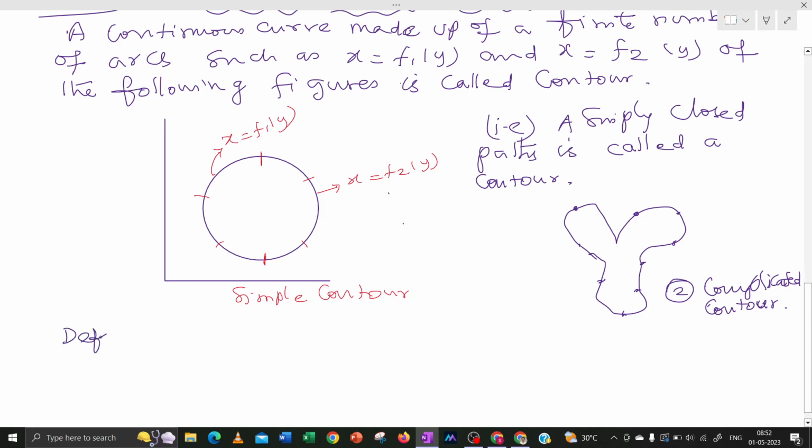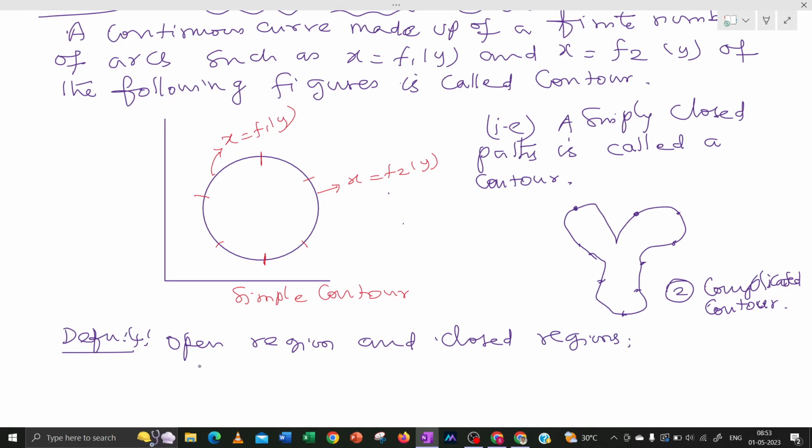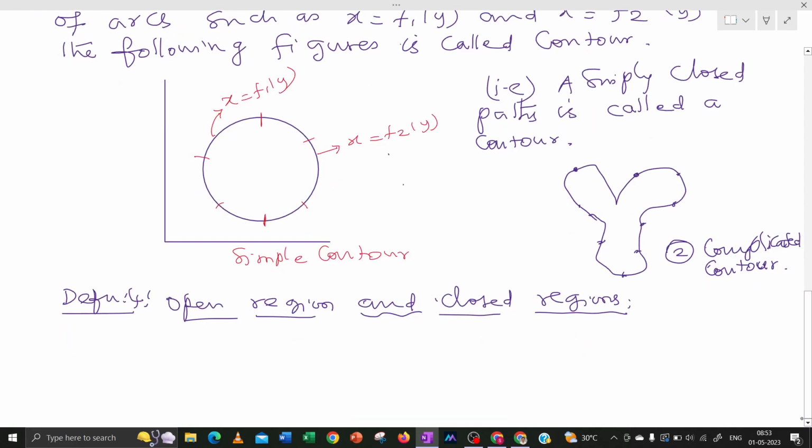Next definition, in complex integration: open region and closed region.